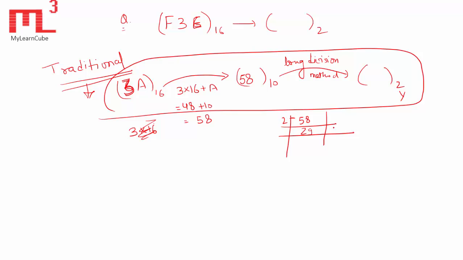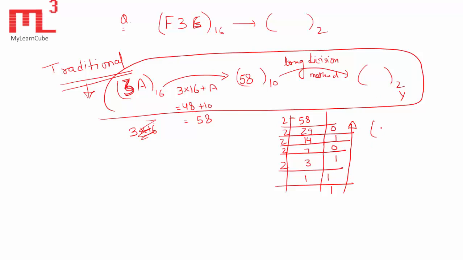So 29, remainder 0. Dividing 29 by 2 gives 14, remainder 1. Then 7, remainder 0, then 3, remainder 1, then 1, remainder 1, and then 1. The final output is 111010 in base 2. This is the traditional approach.